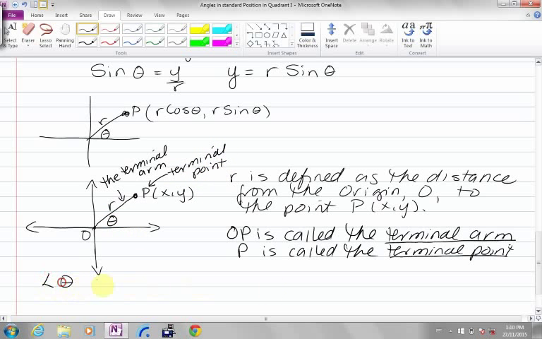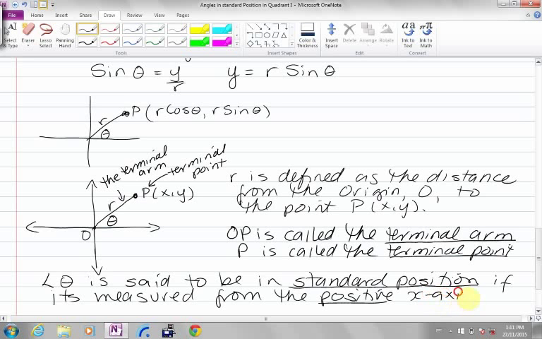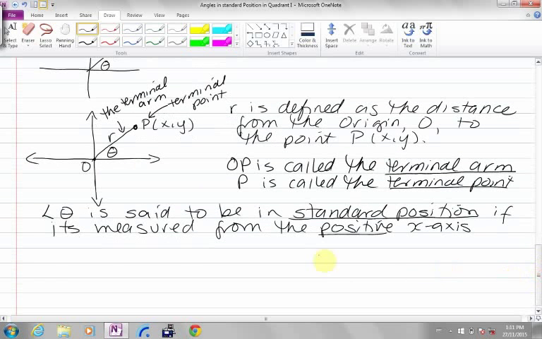So angle theta is said to be in standard position if it's measured from the positive x-axis counterclockwise to the terminal arm.